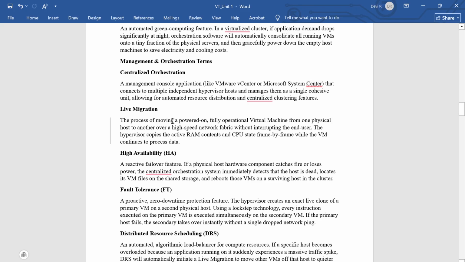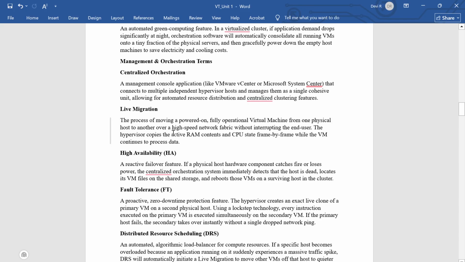Next comes live migration, the process of moving a powered-on, fully operational VM from one physical host to another over a high-speed network fabric without interrupting the end user, right? The availability of the application should not be interrupted at any cost.